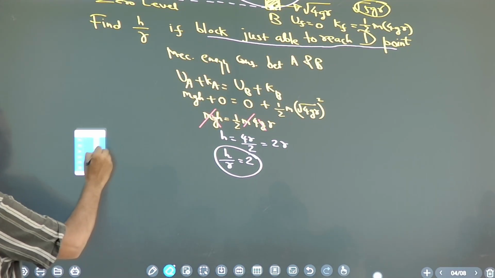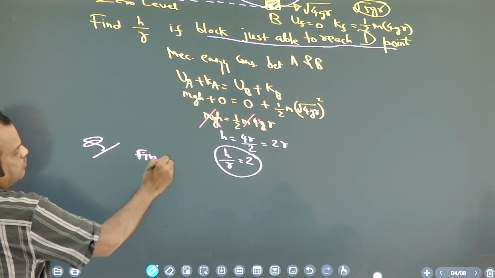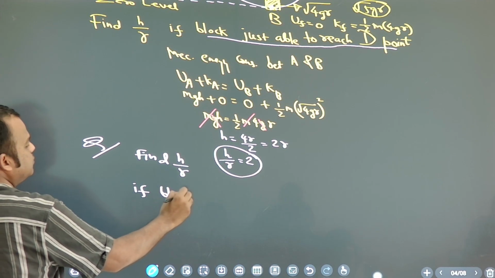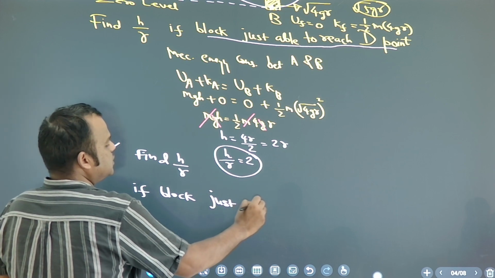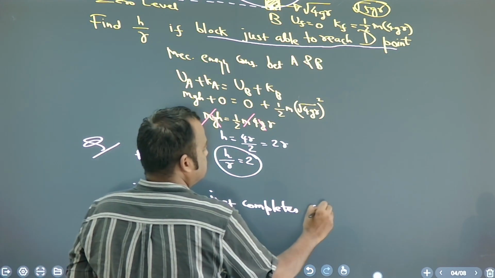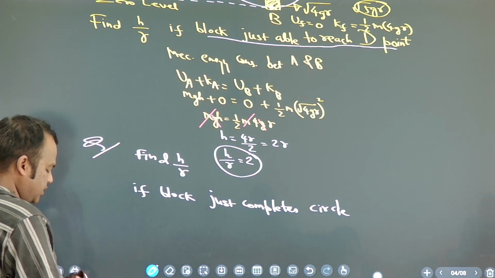So the question is, note down: find h by r if the block just completes the circle.